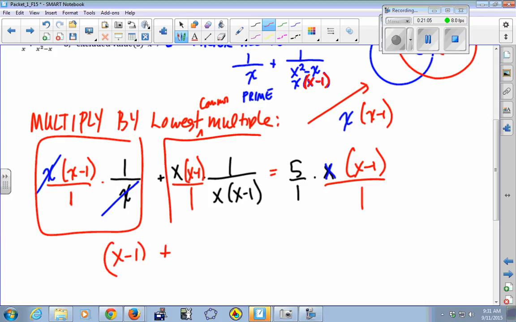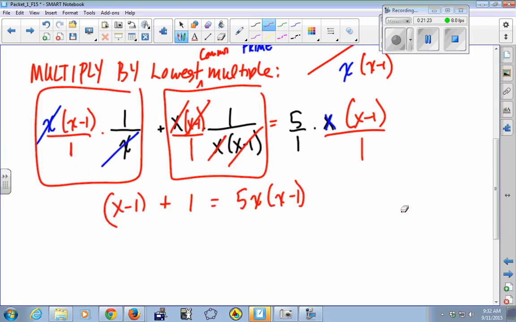Second term right here, what happens? Your x cancels with a common factor, and your x minus 1 cancels. What are you left with? 1. Wow. And then on the right-hand side, you have 5 times x minus 1. So if I give you this equation, you're probably much happier to see something like that than what we started out with.